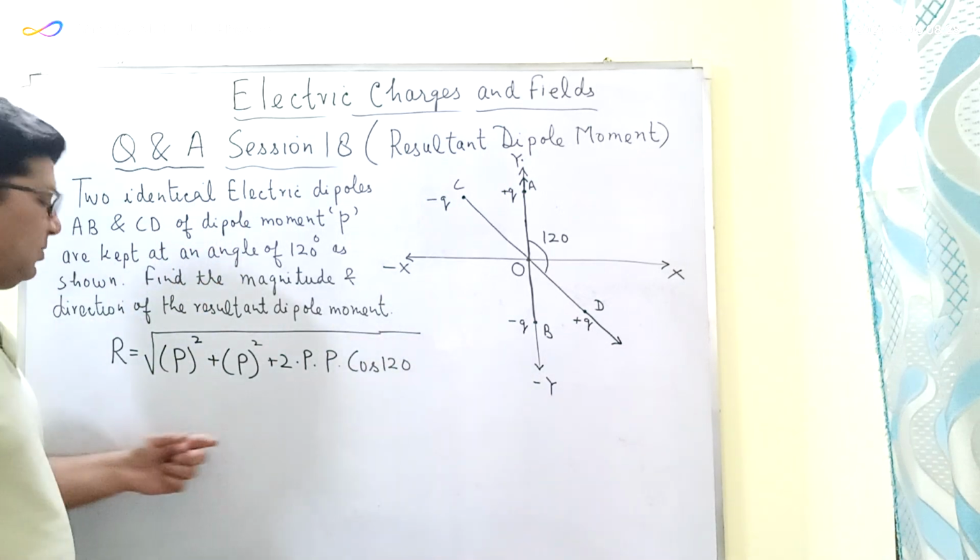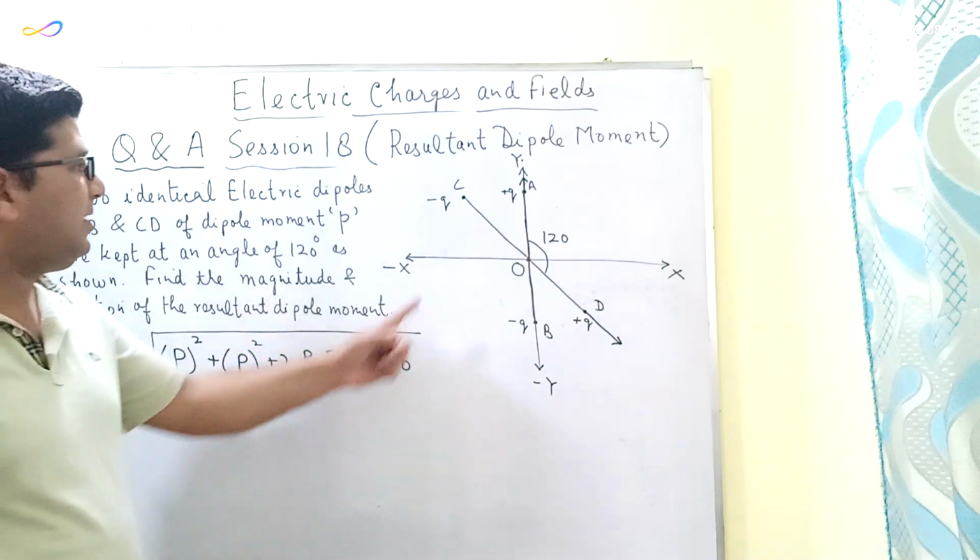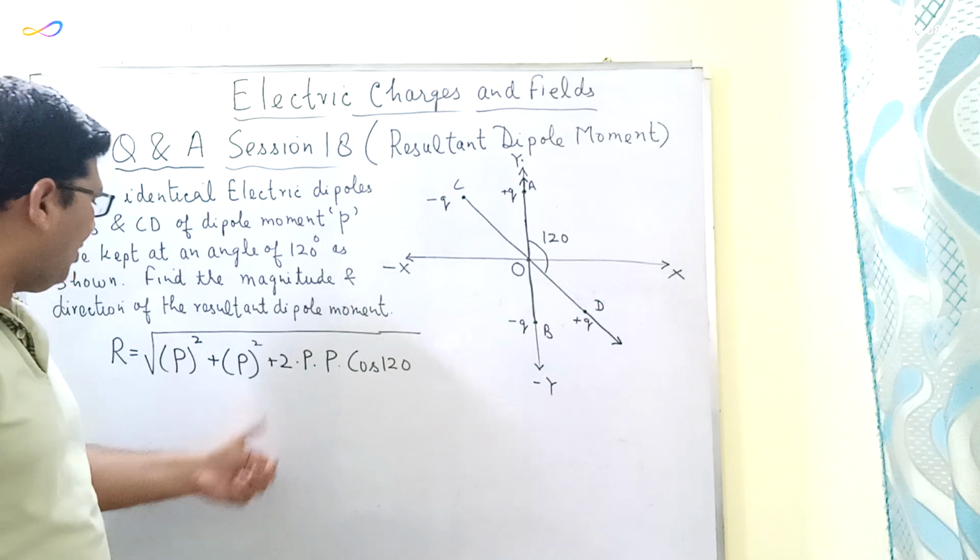So using the parallelogram law of vector addition, the resultant dipole moment of these two dipoles can be found by this equation.